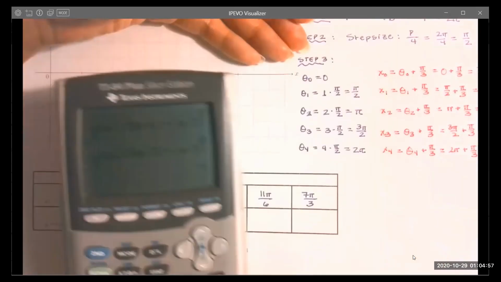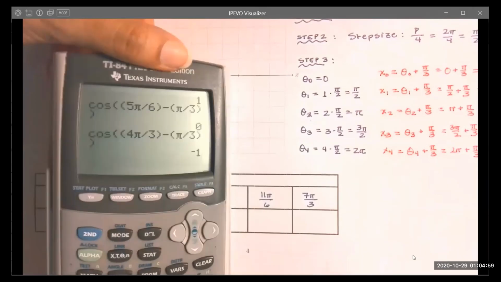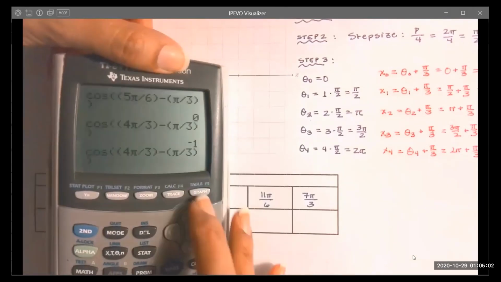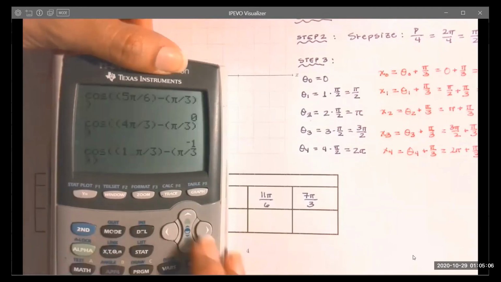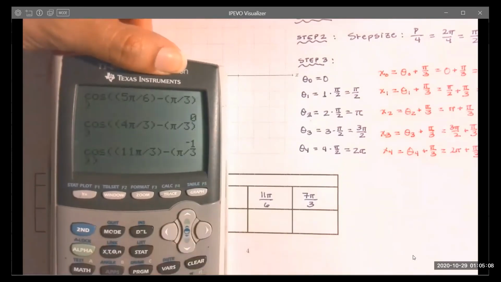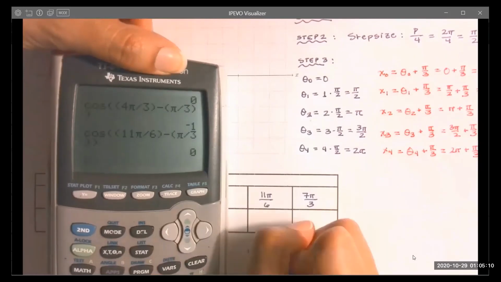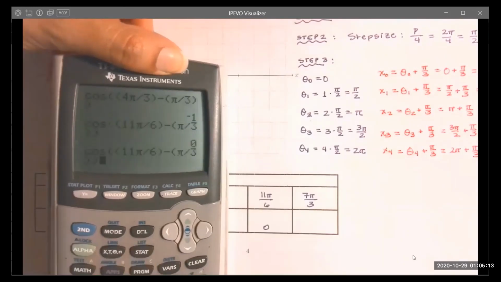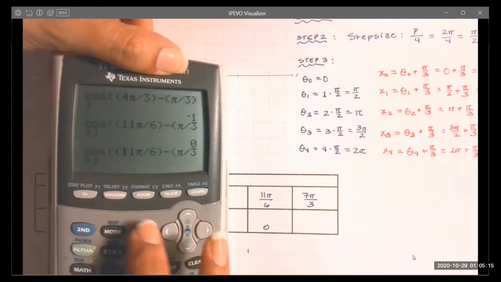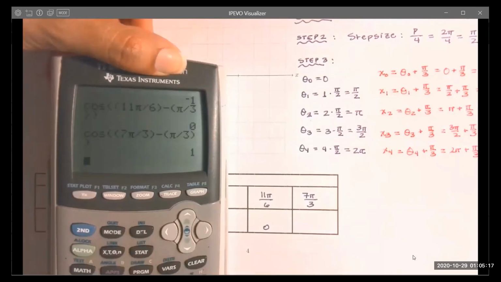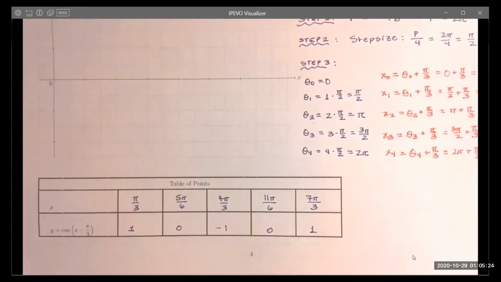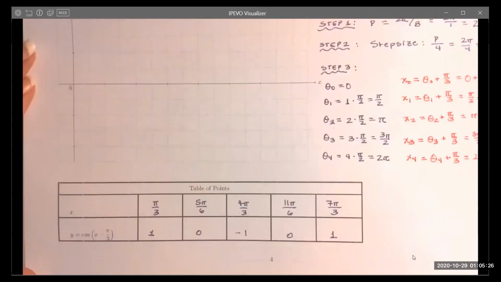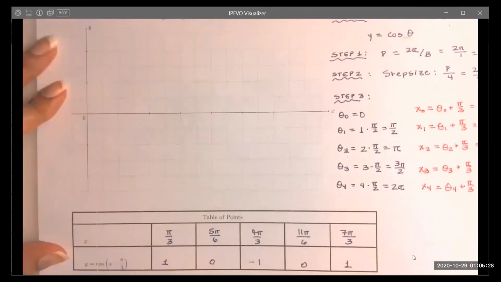And then we have 11 pi over 6. That gives us a 0. And last one, 7 pi over 3. And that gives us a 1. We have all of the y values that we need, along with the x values.